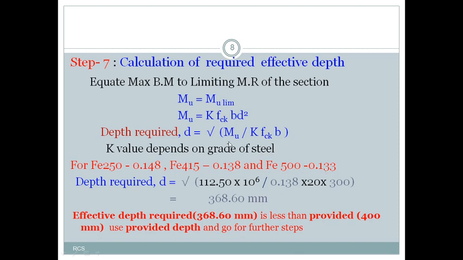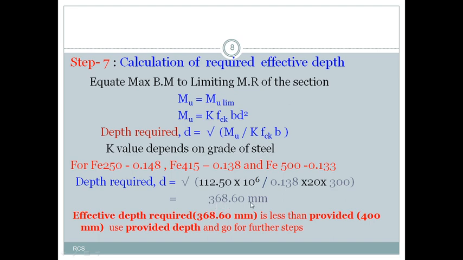If we substitute the corresponding values, we get the required depth d equal to the square root of Mu, which is 112.50, over K. As it is Fe415 grade steel, K is 0.138, fck is the grade of concrete, given as 20 Newton per mm square, and width of the beam is given as 300. If we calculate that, we get the required effective depth as 368.60 mm.